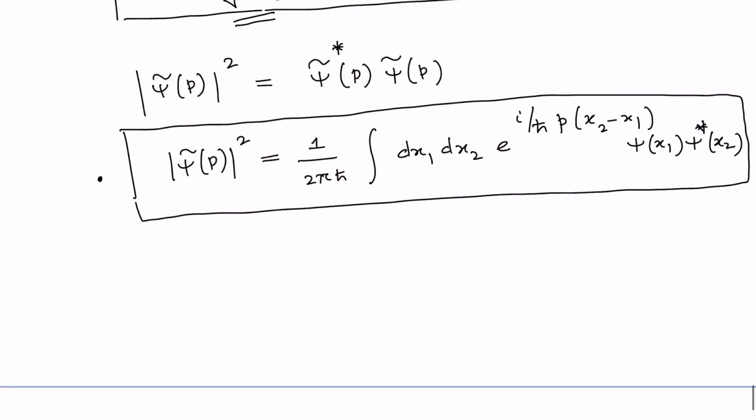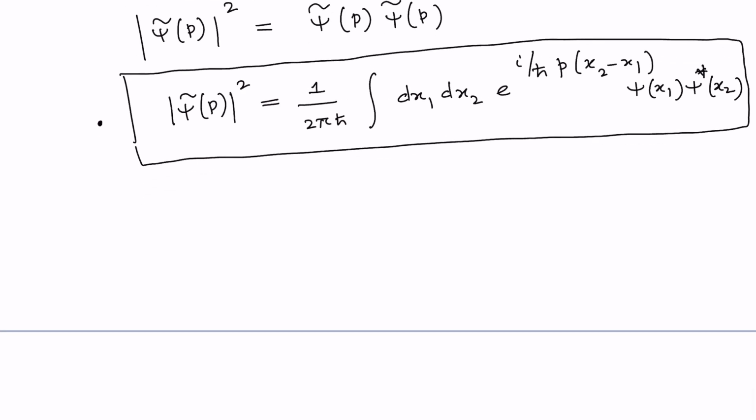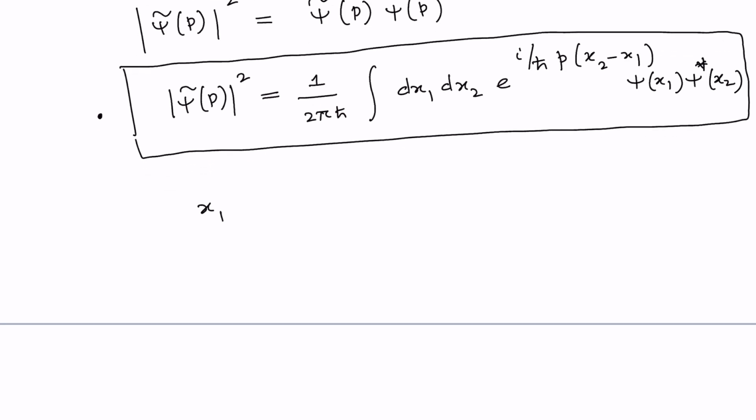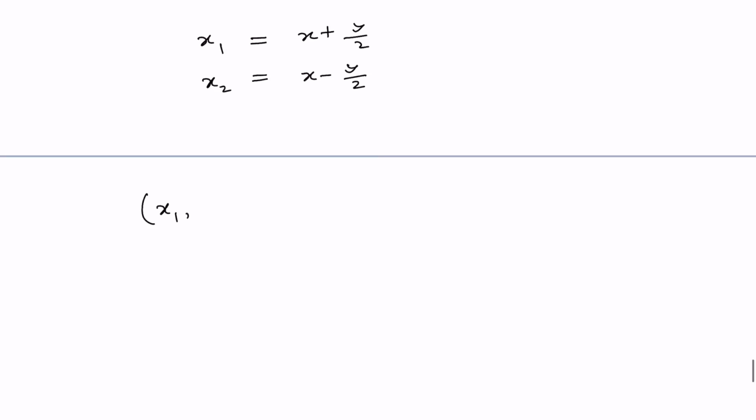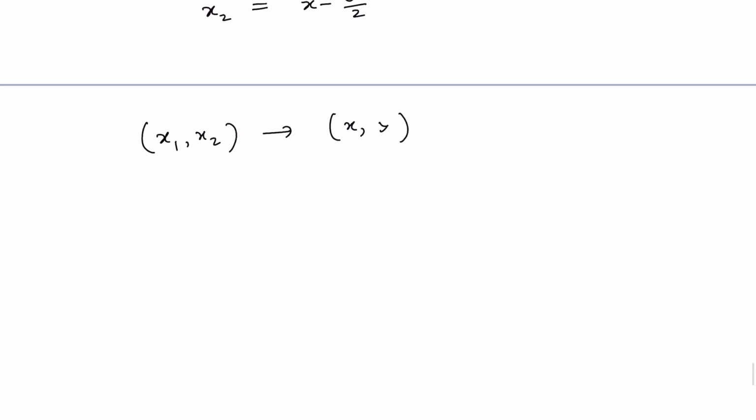Okay, now let us make a change of variables like this. Say let me take x1 = x + y/2 and x2 = x − y/2. That means now I want to go from the variables x1, x2 to the variables x and y, and while doing that, first let me check the Jacobian of the transformation.